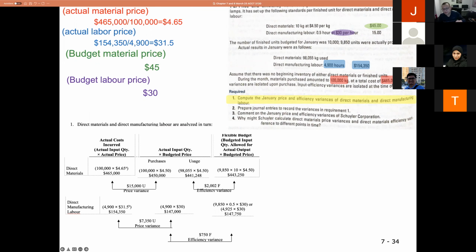The managers are going to rely on this information. The manager will be like, oh, good job with the use of the labor time, because the laborers are more efficient in doing the job. You have a $750 favorable efficiency variance. Good job, right? For whoever the supervisor is, maybe give you some bonus.